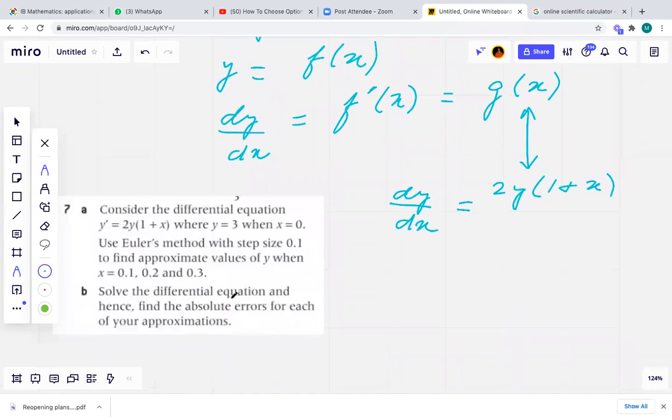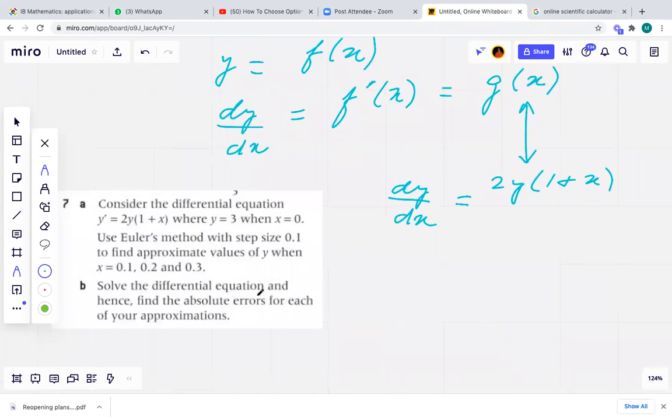Now use Euler's method to find approximate values of y when x is equal to 0, 0.1, 0.2, and 0.3.